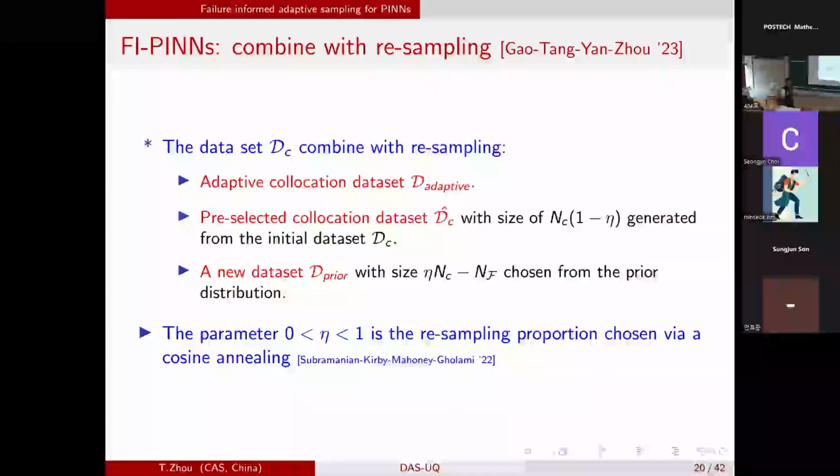This will not come back by adaptivity because the uniform sampling in the beginning has lost the information. So sometimes you need a new data set, also based on that prior information, to give some possible new information which was lost in the beginning. So the most ideal training point set should contain these three parts.